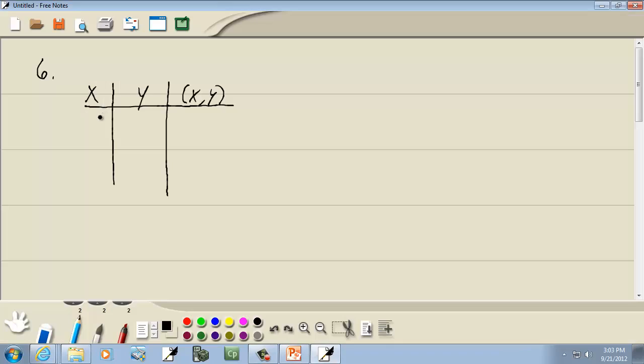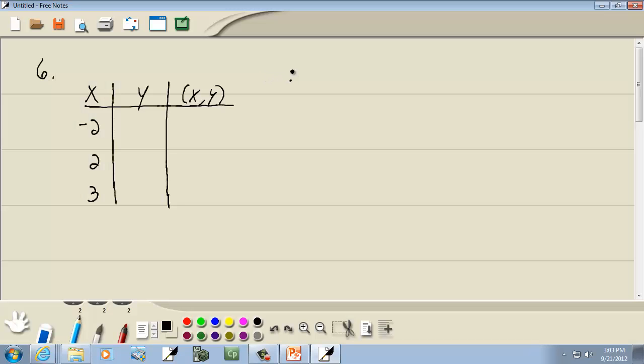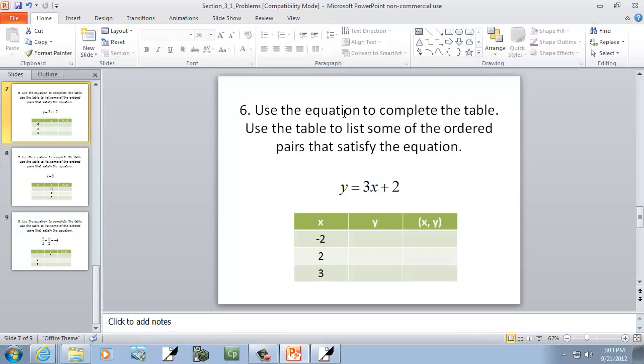And they tell us negative 2, 2, and 3. And we've got y is equal to 3x plus 2. And they say use the equation to complete the table. Use the table to list some of the ordered pairs that satisfy the equation.